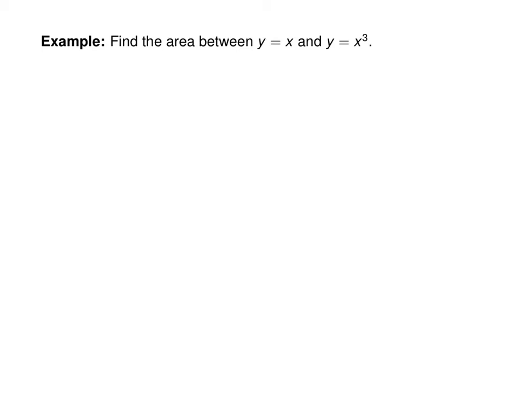Find the area between y equals x and y equals x cubed. So y equals x is a straight line. y equals x cubed looks like this. Now the area between the curves we're looking at is this part and that part.